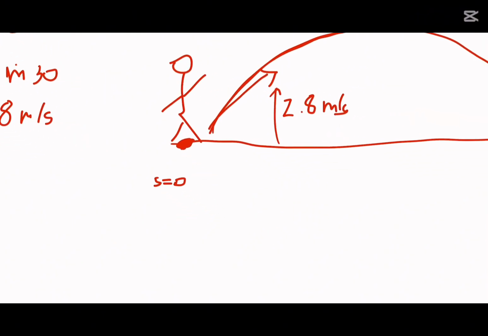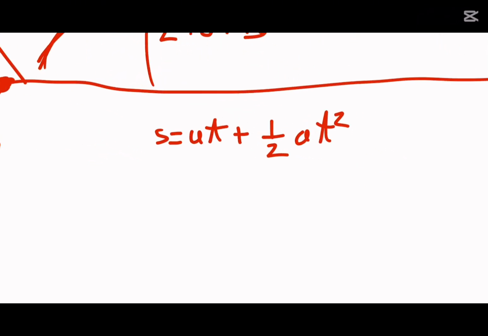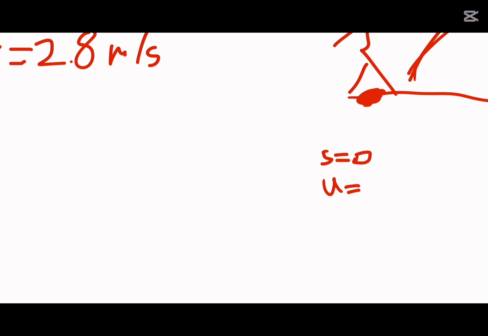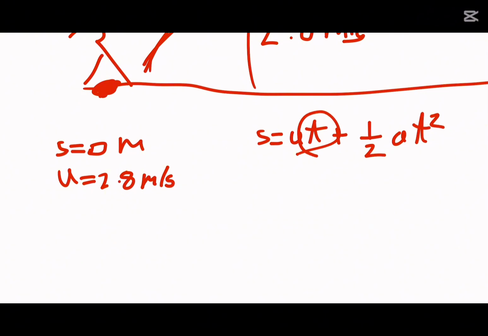So we can use the formula s equals ut plus 1 over 2 at squared. We know the s, we know the u, which is the initial velocity, 2.8 meters per second. Now we want to know the time, and the only data we don't know is acceleration, but we can find it.